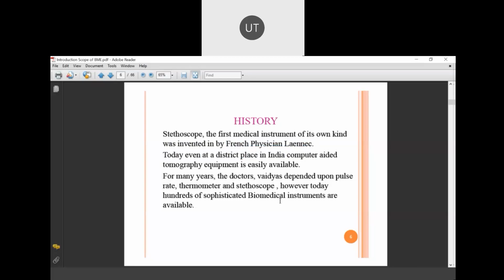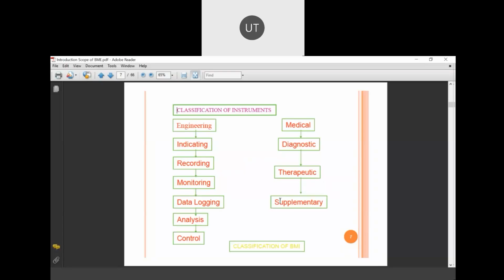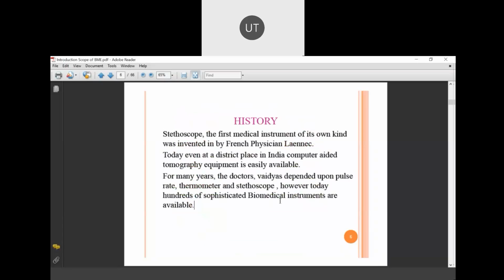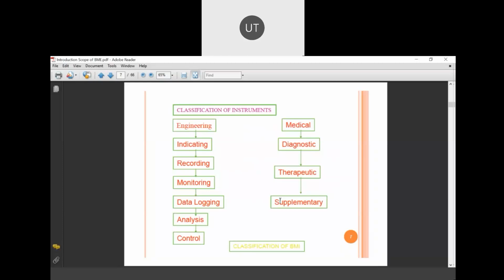Nadi Parikshan, we used to call it. They would take the pulses, count them, and based upon the rhythm of the pulses, find out various diseases or abnormalities, and which organ those abnormalities were related to. That is the history. Basically, the first is the stethoscope.